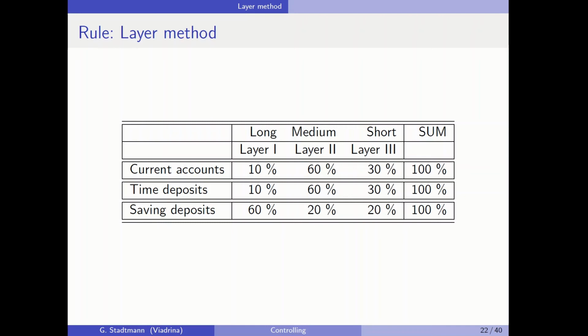This doesn't imply that we can't use this money on the current account to finance long-term assets, because it will stay within the bank, or at least within the banking sector. Nevertheless, the degree of volatility is definitely higher compared to saving deposits, and therefore the percentage with respect to current account is lower compared to the saving deposits.